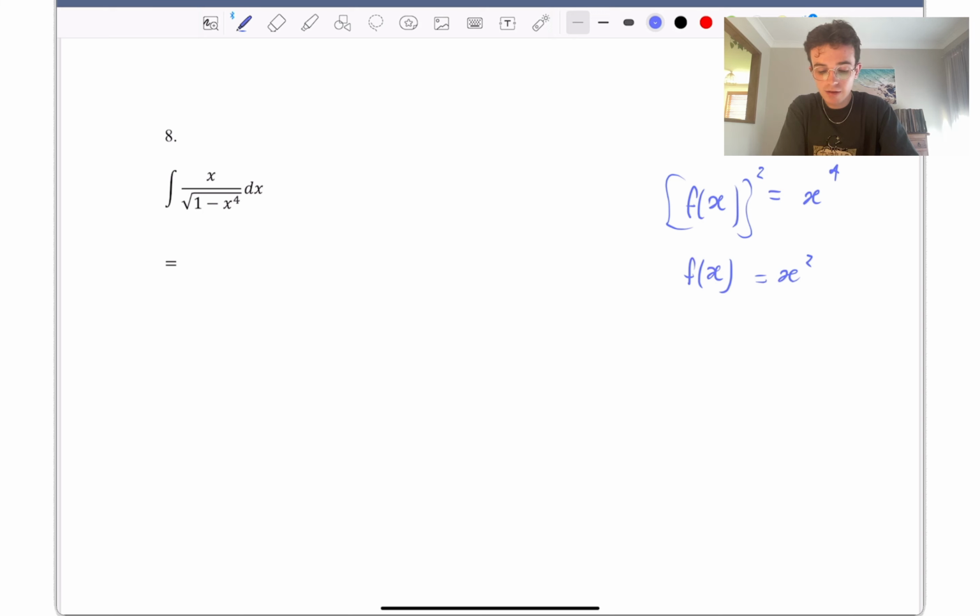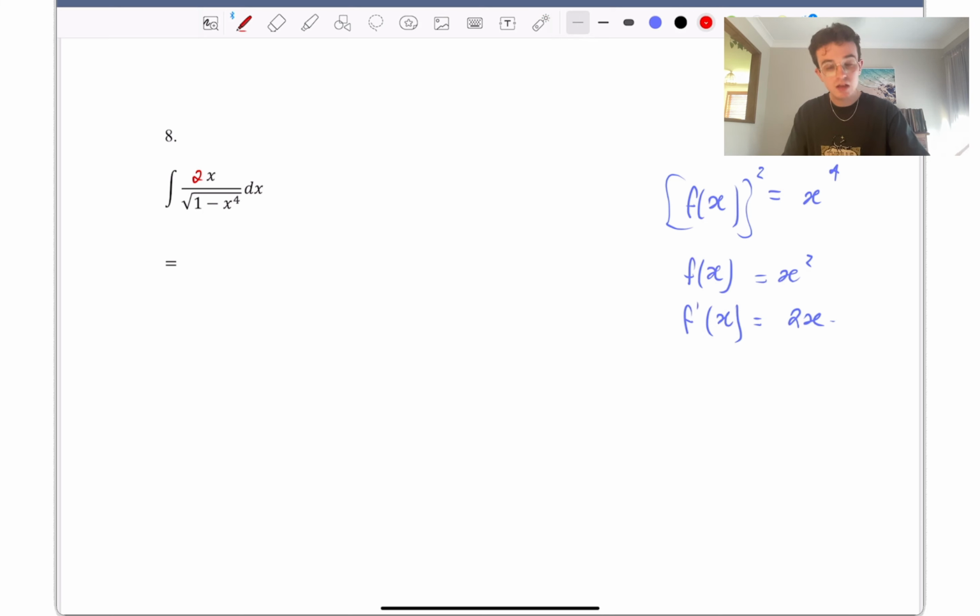If we differentiate that, f dash of x is equal to 2x. Now, our form tells us that if I've got a 1 here, I really want the differentiation of f of x on the top, which I don't have. I want 2x on the top. I don't have 2x on the top though, but I could have 2x on the top if I wanted to.